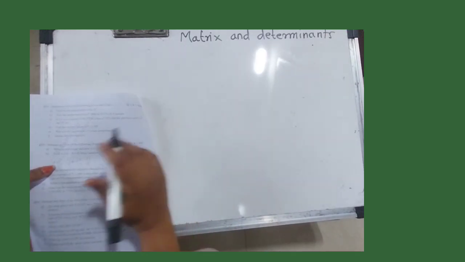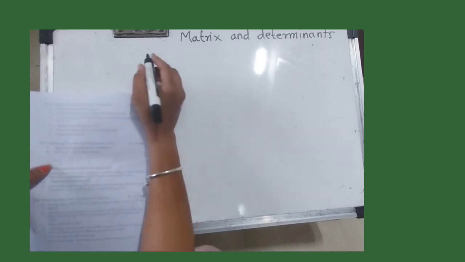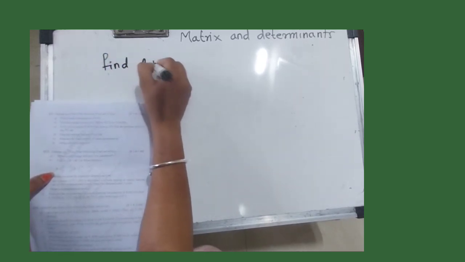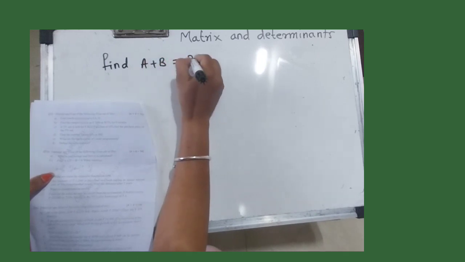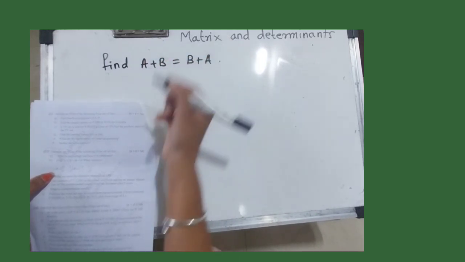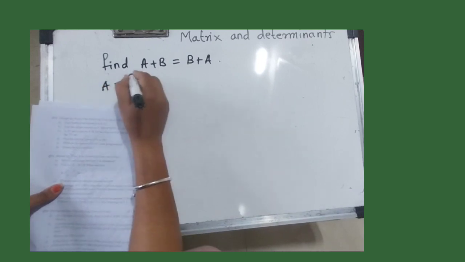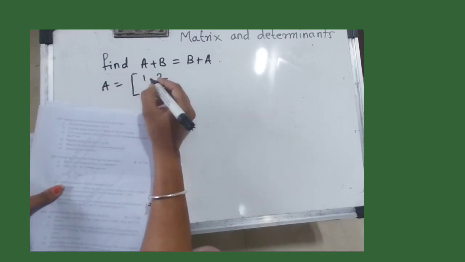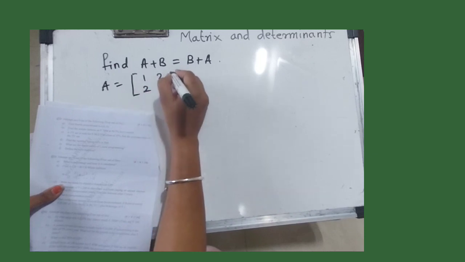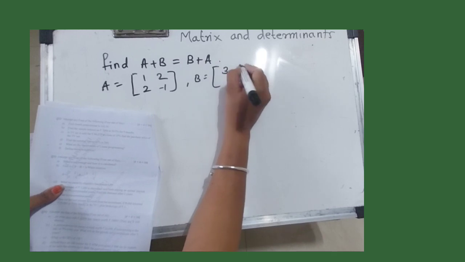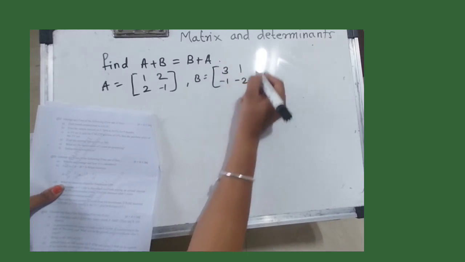In the next, third question, they ask to find A plus B equal to B plus A, the commutative law. The given matrices are A equal to [1, 2; 2, 1], B equal to [3, 1; minus 1, minus 2].